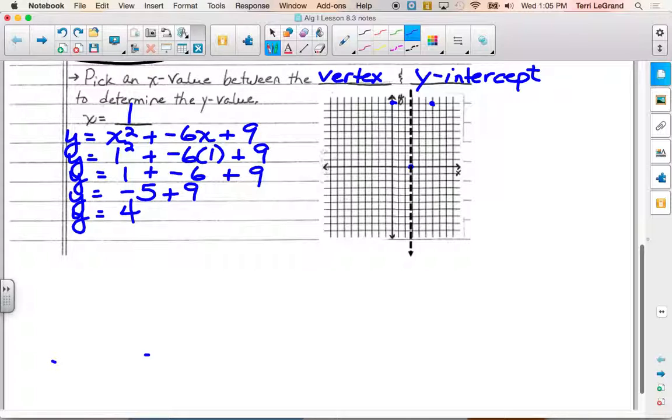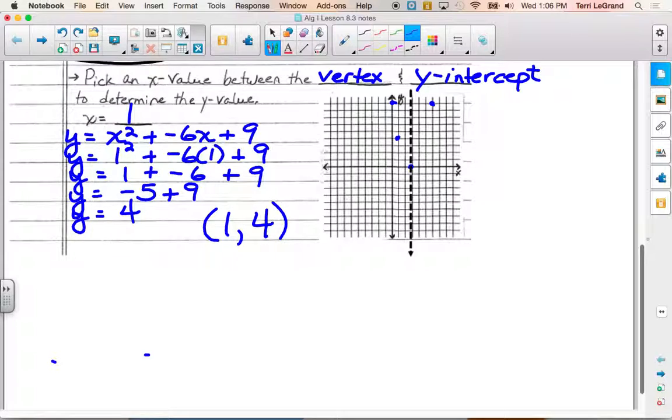I happen to get y equals 4. So what ordered pair did you just find? (1, 4). Yeah, ordered pair (1, 4). There's our fourth point for our graph. So we're going to go to x equals 1, y equals 4, and plot a point.